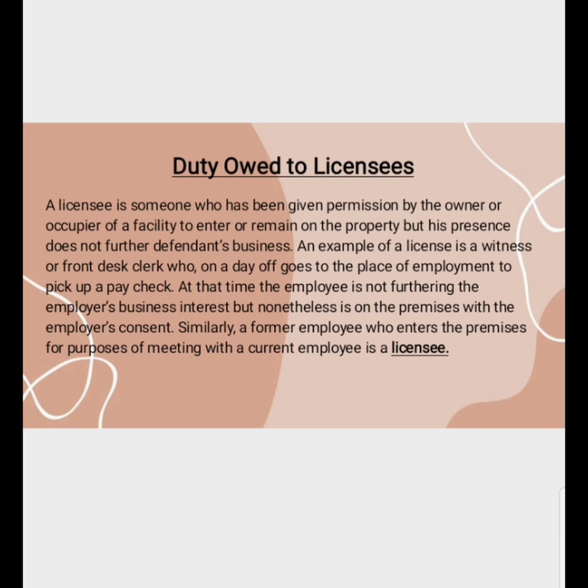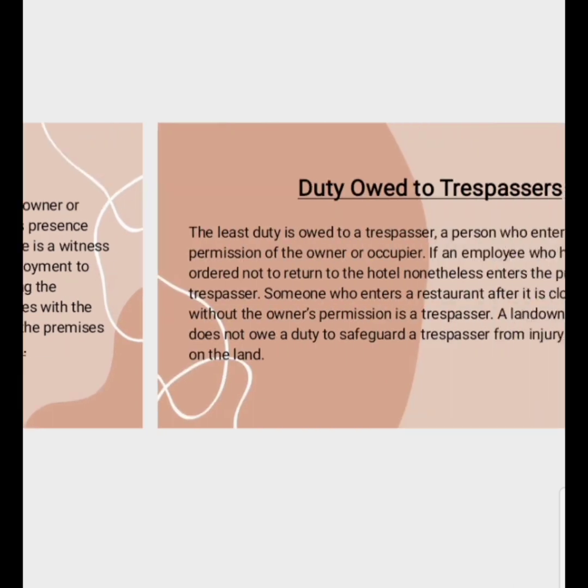At that time the employee is not furthering the employer's business interest but nonetheless is on the premises with the employer's consent. Similarly, a former employee who enters the premises for purposes of meeting with a current employee is a licensee.